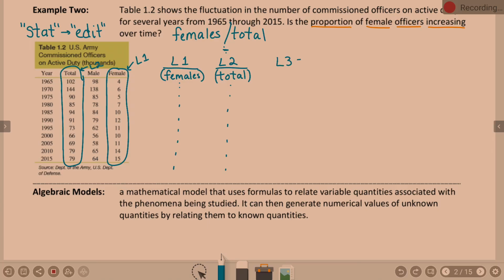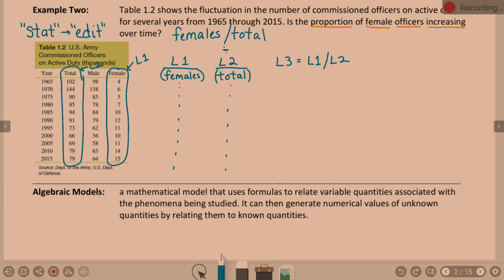So over in L3, we're going to go up into that L3 heading, and what we're going to type is L1 divided by L2. And I guess now that I think about it, it's not exactly that division sign, is it? It's a division bar. First of all, don't just go to the top box where I am. You want to be up in the heading for L3. Do you see where I'm at, where I'm in the heading? I'm not just in an empty box.